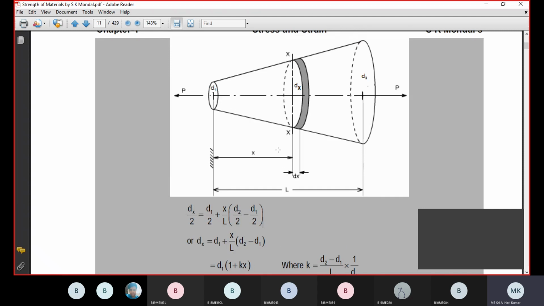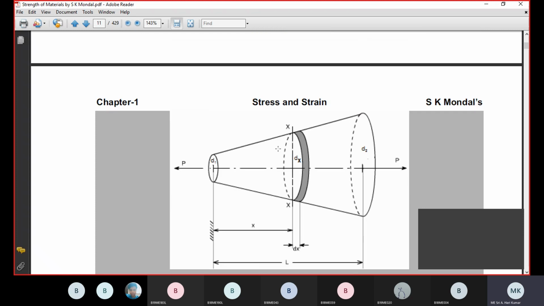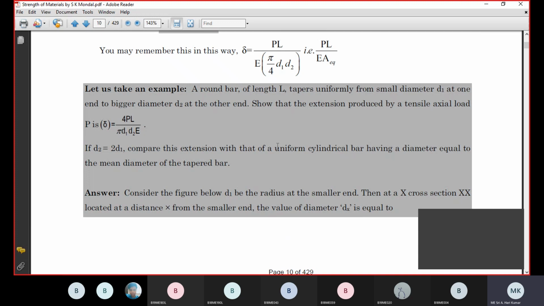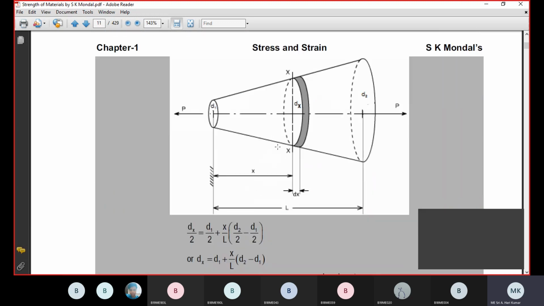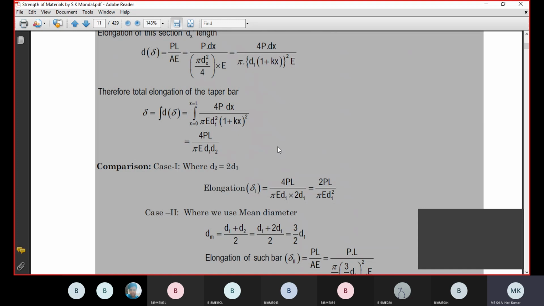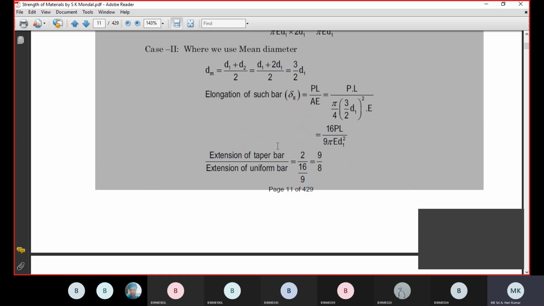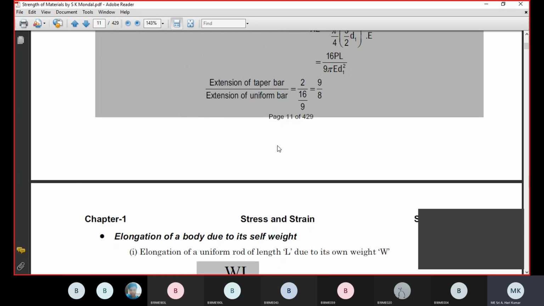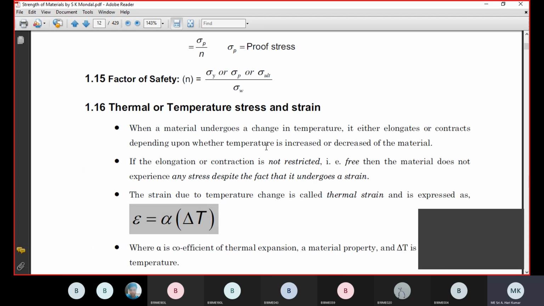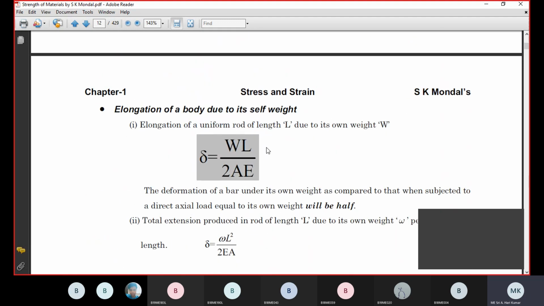So dx by 2, everything is taken into half. It's a lot of mathematics that is involved here. I'll just finish with this.